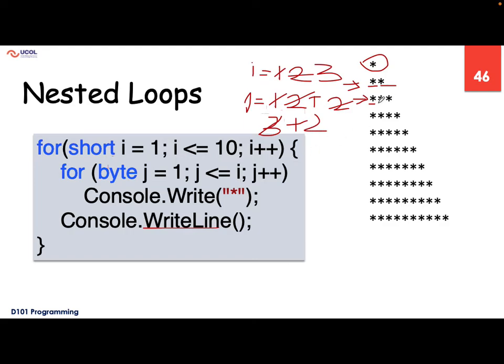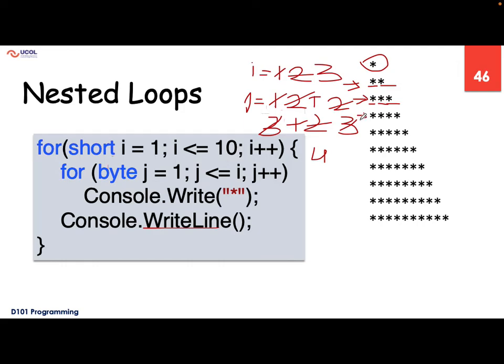Again check the condition, the condition is true, print the second star, increase j to 3. 3 is less than or equal to 3. Yes, again true, print the third star, increase j to 4. Now the condition has become false, go to the new line.